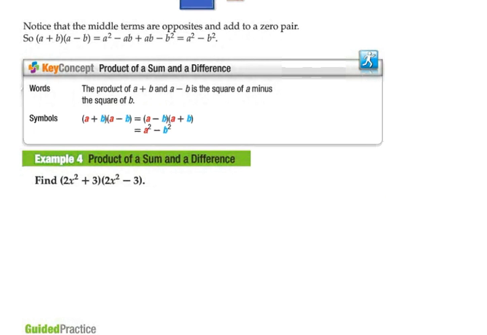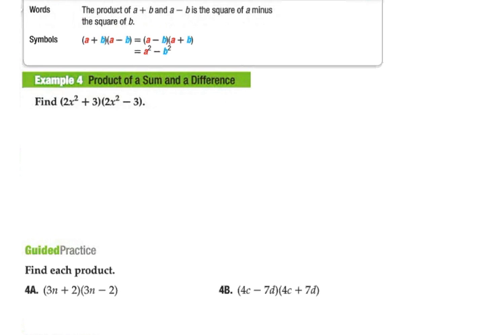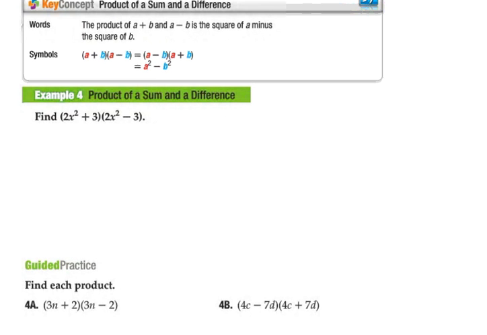Otherwise, remember this was our formula, that we know that if they are exact opposites, then we are going to take the square of the first minus the square of the second. So looking at that, again, we are taking the square of the first and we are subtracting the square of the second. And the reason why we can do that is we take a quick look and realize that they are perfect opposites.